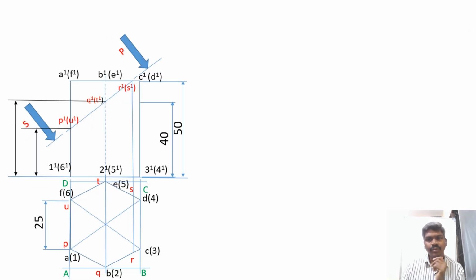Now we convert it into isometric view. Isometric means you know very well that it is 30 degrees, 30 degrees. Next, the very important thing is how to fix this A point. For that you have to concentrate on the section lower point and section upper point.